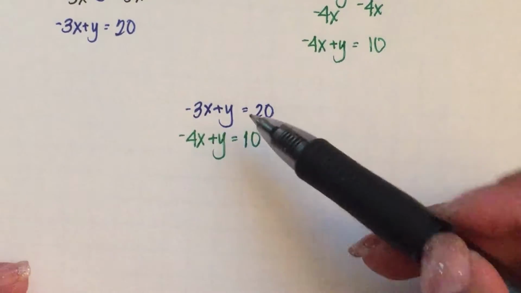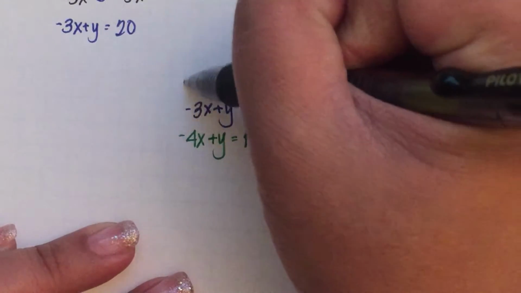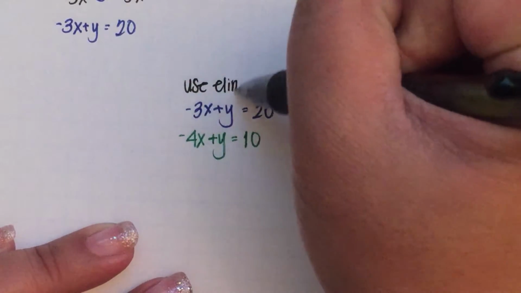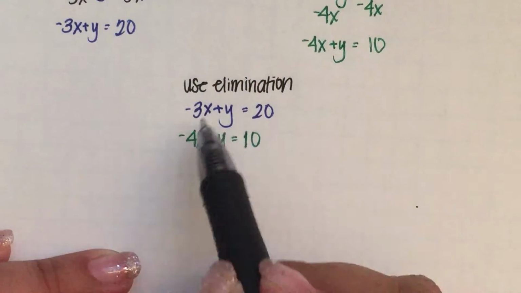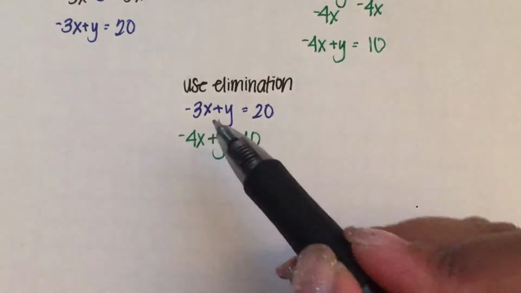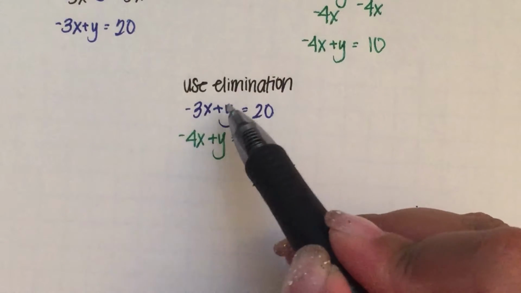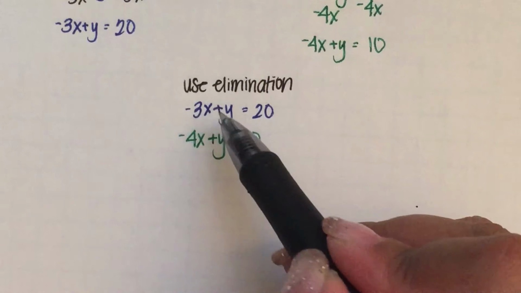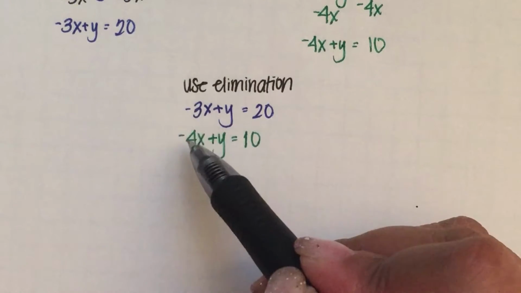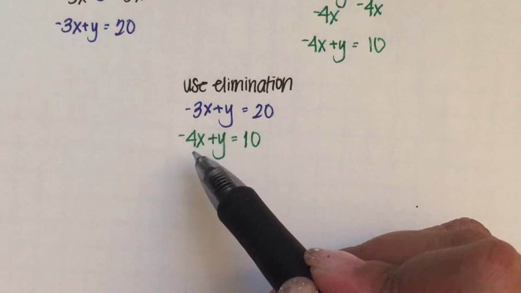Now, what we're trying to do is use elimination. By using elimination, we're going to pick one of the variables to eliminate. And I'd like to eliminate y because they have the same coefficients. I also notice that they have the same sign. So these are both positives. They have different coefficients on x.